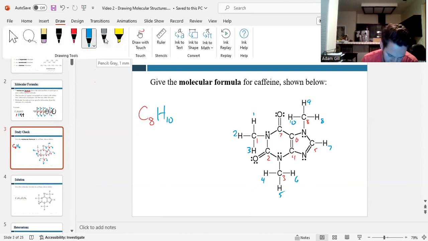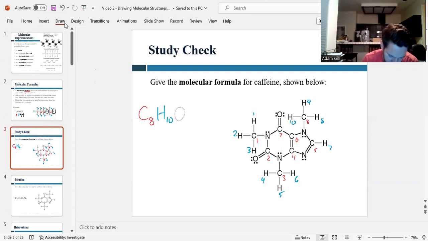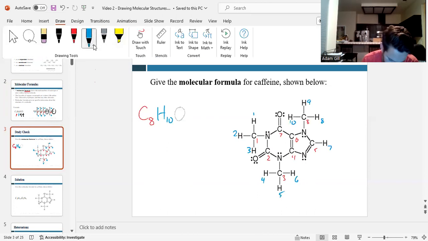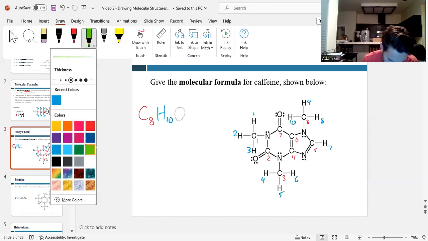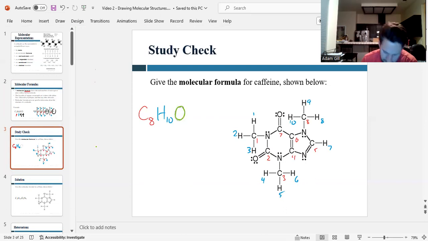Well, what else do we see? I see some oxygens. And how many? Oh, I don't like that color. Let's see. Green? Let's try green. How many oxygens do we see? There's 1 there, 1 there. I only see 2. So O2.